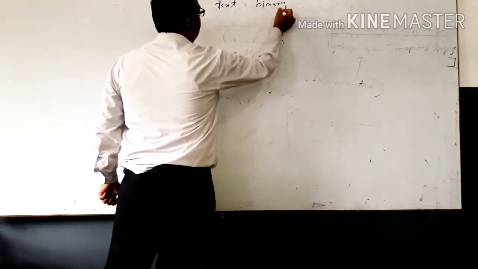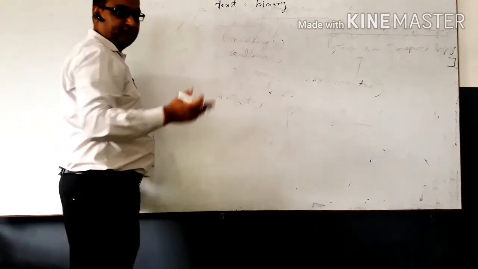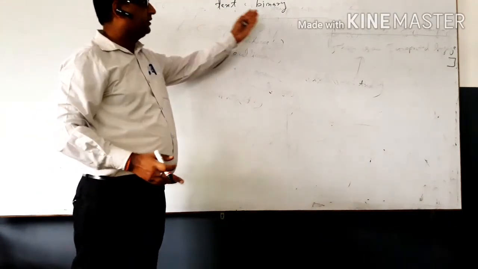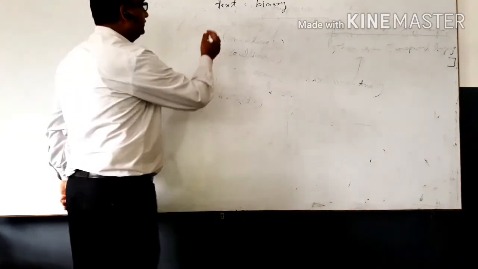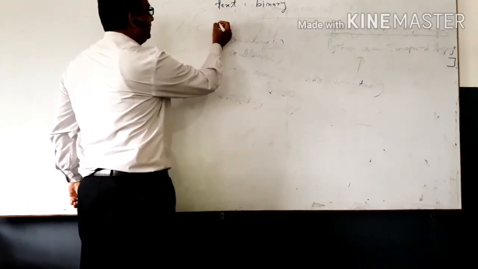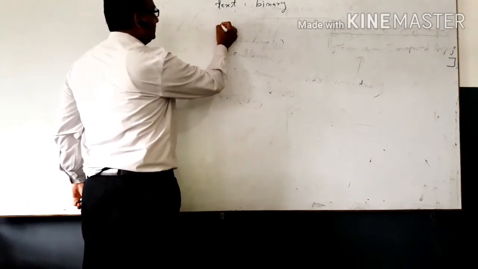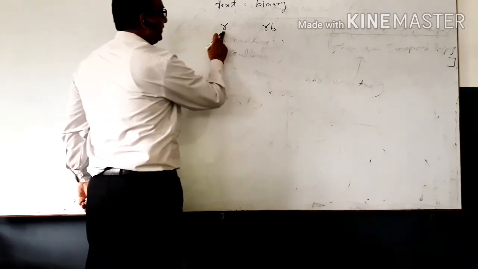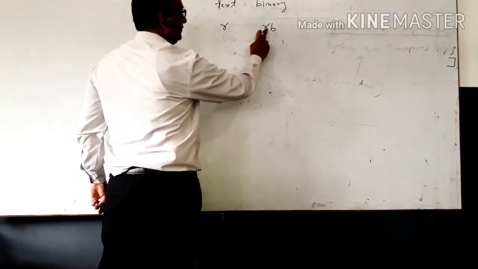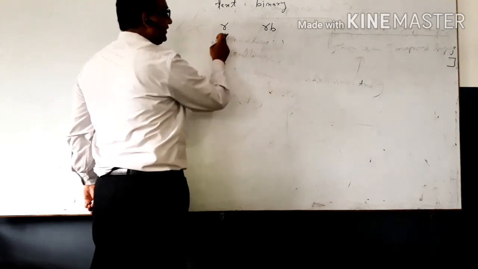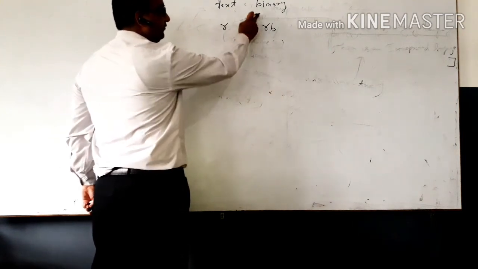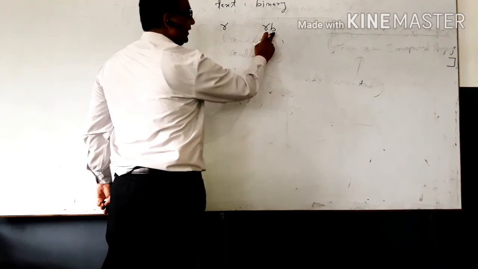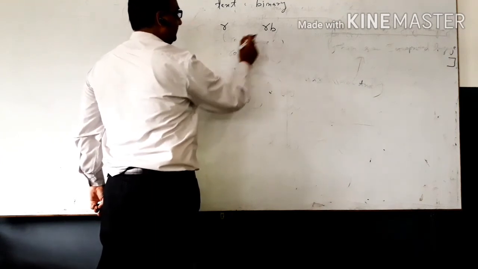We can create the file in two modes; we already discussed that in the last lecture, text and binary mode. We can mention text here: first is R and this is RB. R is the read mode, and B means binary. If the file is created in text mode, you can use only R, but if the file is created in binary mode, you can use RB.